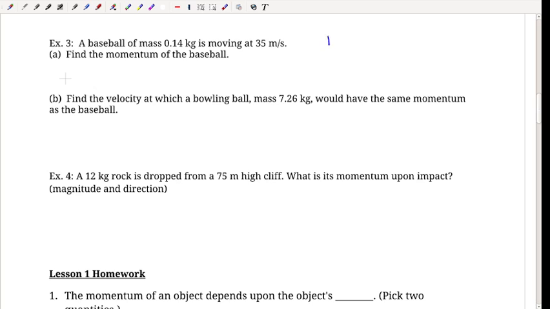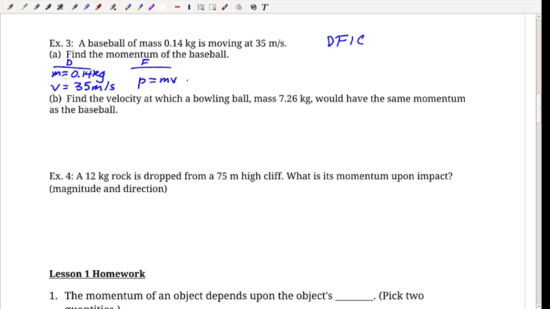So if you remember, we did this last year, DFIC: write down your data, write down your formula, insert your numbers, and calculate. So my data in this case is mass 0.14 kilograms and speed 35 meters per second. Formula, I'm looking for momentum. That's my p formula. p equals m times v.